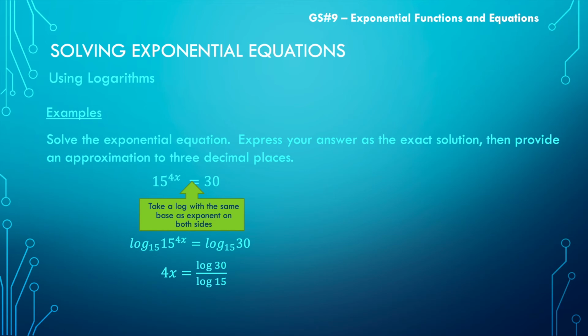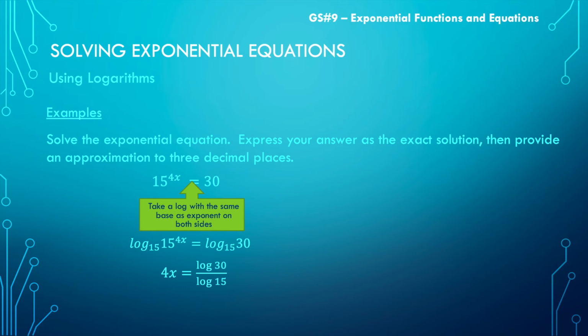Okay, so now we want to isolate x. And I think I've said this once or twice before. If I want to get rid of a coefficient here, but I have a fraction already on the other side, I want to think about it less as dividing by 4 and more as multiplying by 1/4.